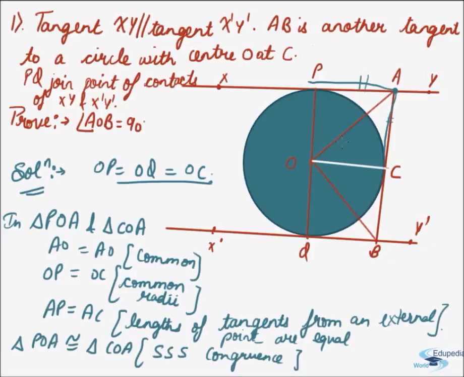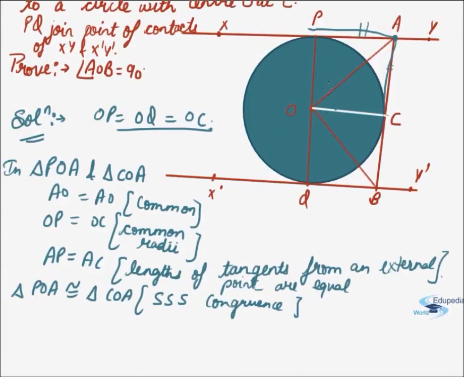Now, the angle of our interest is AOB, and AOC is a part of this angle. Now, let us label these angles as 1 and 2. 1 plus 2 will give us the complete angle AOB.